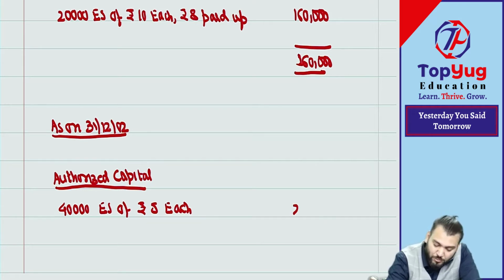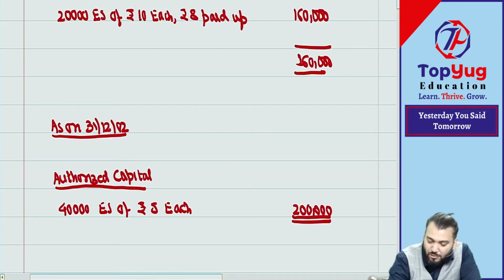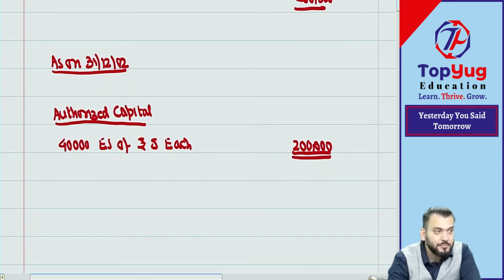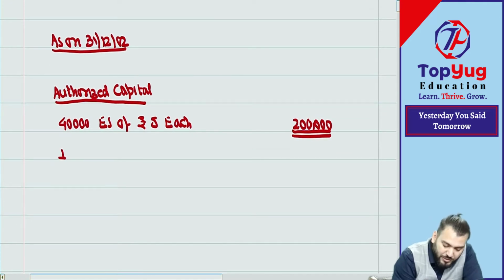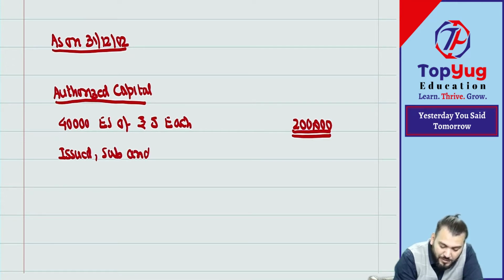So it will be 2 lakh. You can see it will remain 2 lakh only. But you can't change the total authorized capital on your own. Correct? Then issued, subscribed, and paid up.